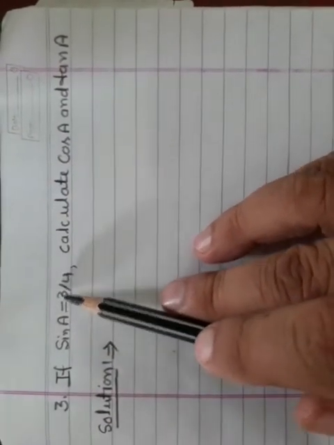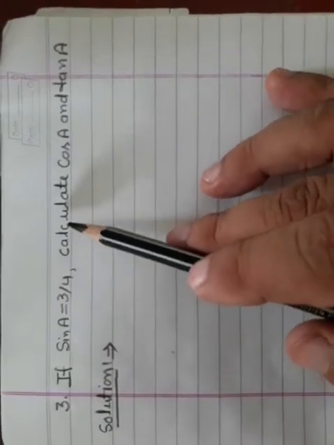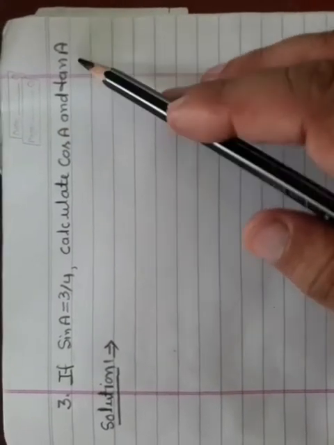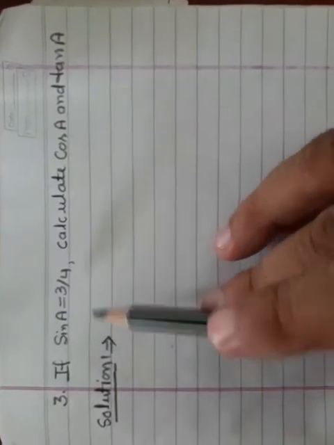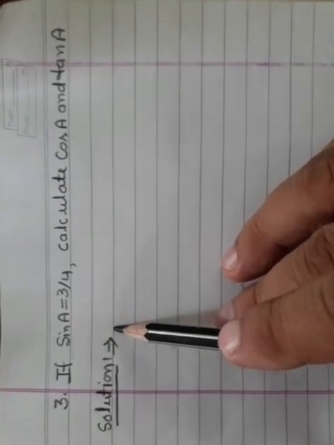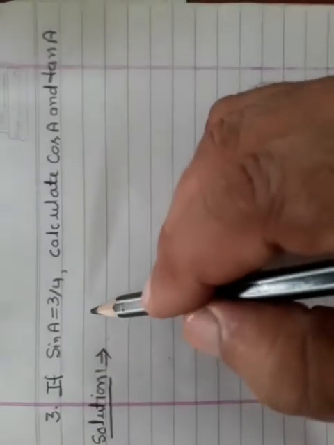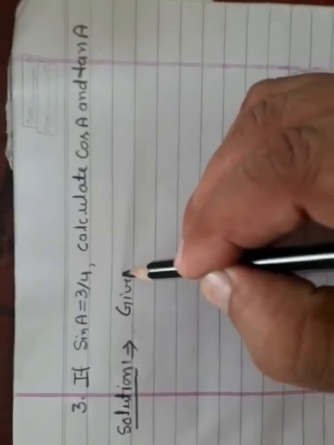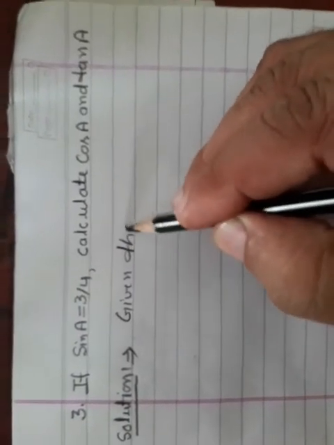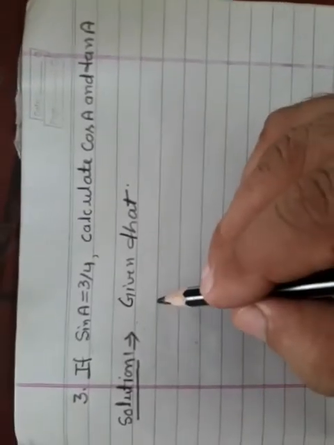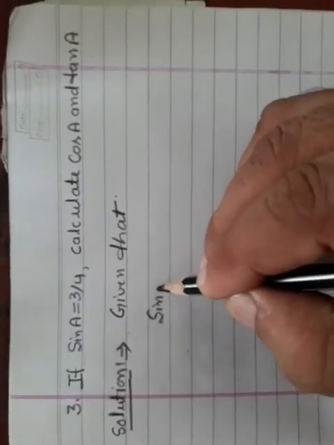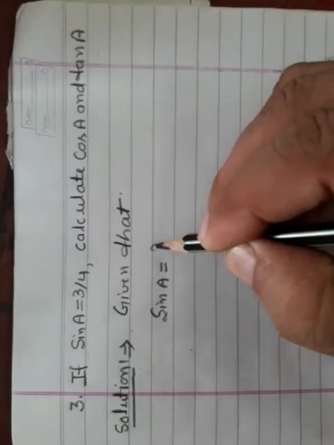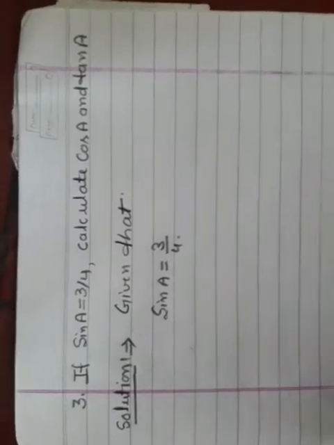Now here is your third question. If sine A is equal to 3 by 4, calculate cos A and tan A. Look at the solution. So this one is given that sine A is equal to 3 by 4.